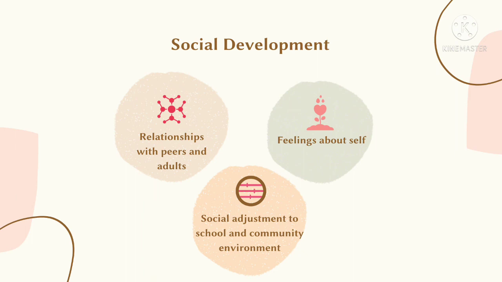The next one is the degree of the student's feeling about him or herself, or how the child feels towards oneself, and how the child sees him or herself. Then, the child's quality of social adjustment to school and community environment, or the degree to which the child has already adjusted to the school, and how the child interacts and adjusts to the community the child is part of.